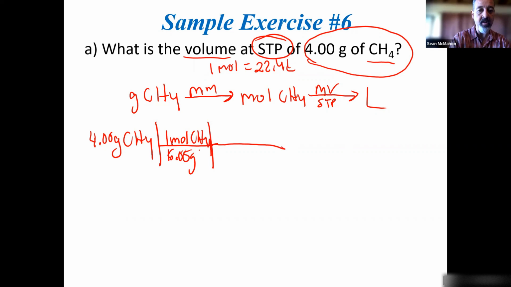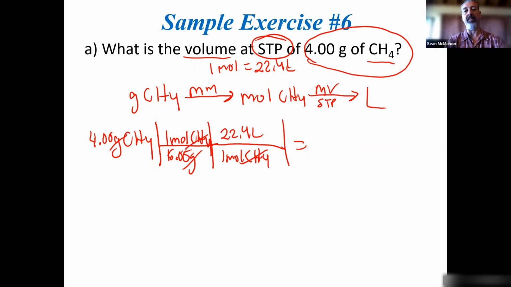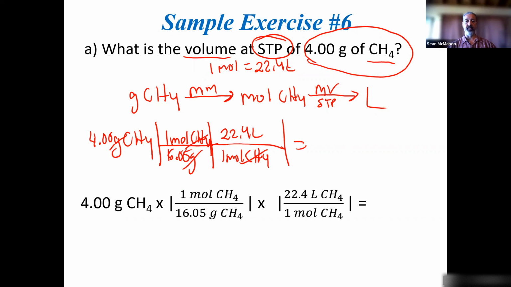And now grams cancel. I go from 1 mole of methane. Because this is STP, there's 22.4 liters of methane. And then I'm left with liters. So we see that the grams of CH4 cancel, the moles of CH4 cancel, and I'm left with 5.58 liters of CH4 at STP.